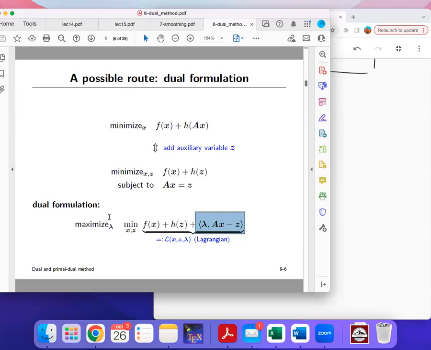So how do we address this lambda? Lambda is another auxiliary variable that we introduced. We call it the multiplier, and we will consider maximizing this entire problem over lambda.